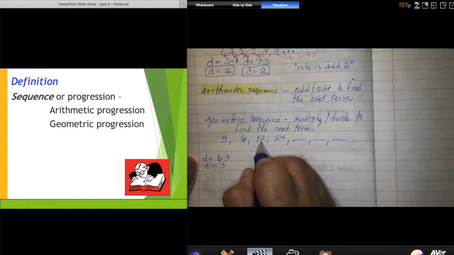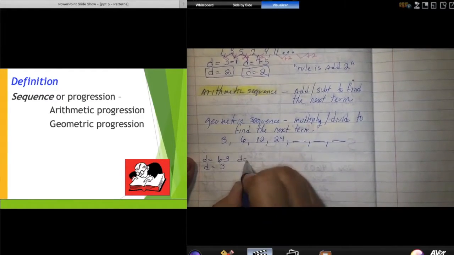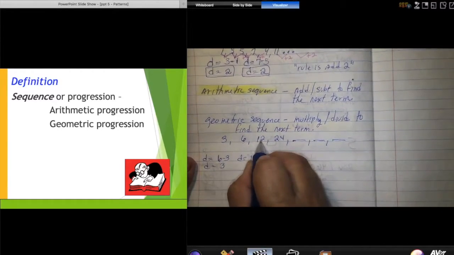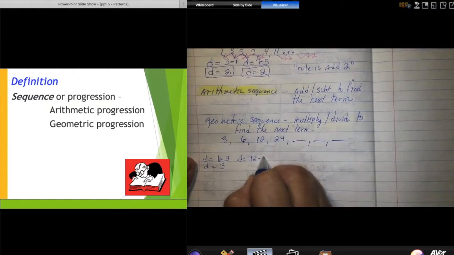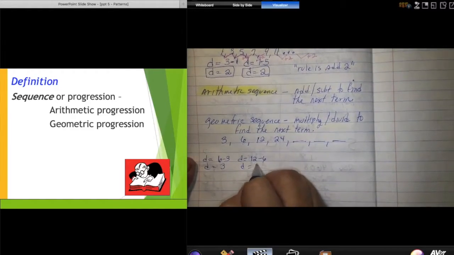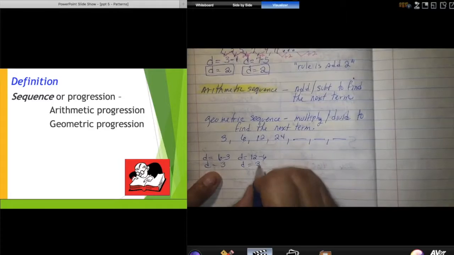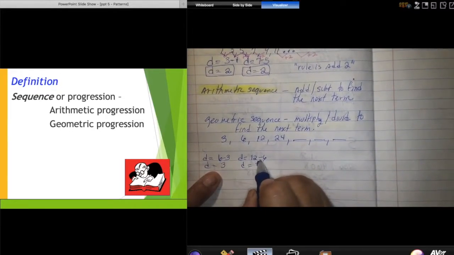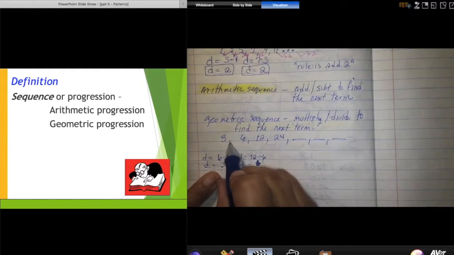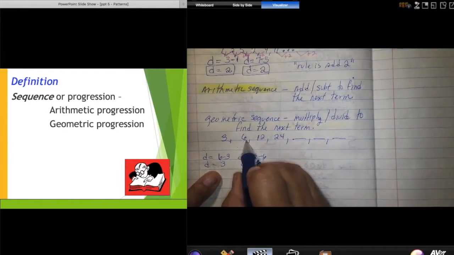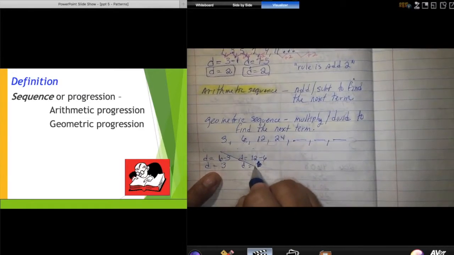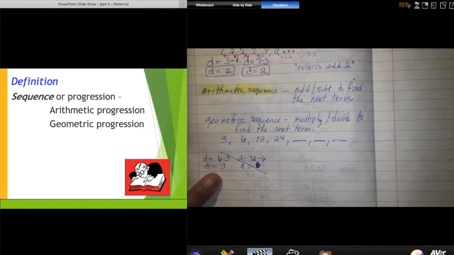But when I try it with the next term, remember you always try it more than once. If I subtract 12 minus the number on its left, notice the pattern does not hold because 12 minus 6 is 6. So 3 plus 3 is 6, but 6 plus 3 doesn't work. So this is not arithmetic.